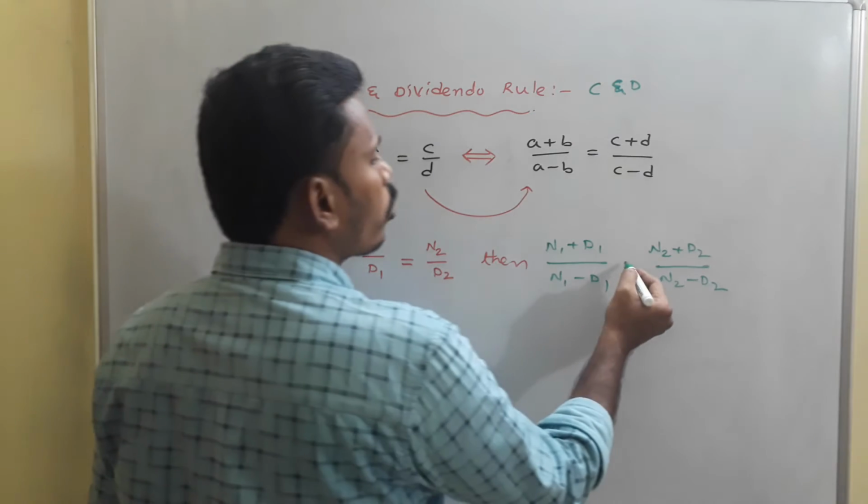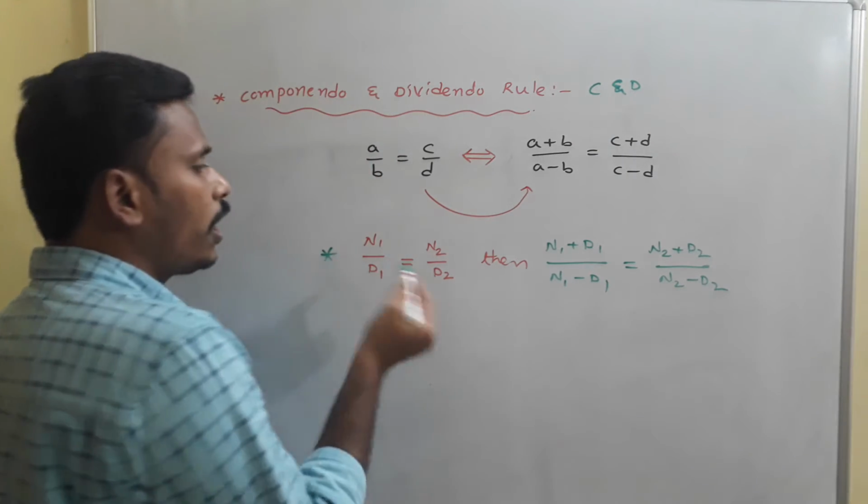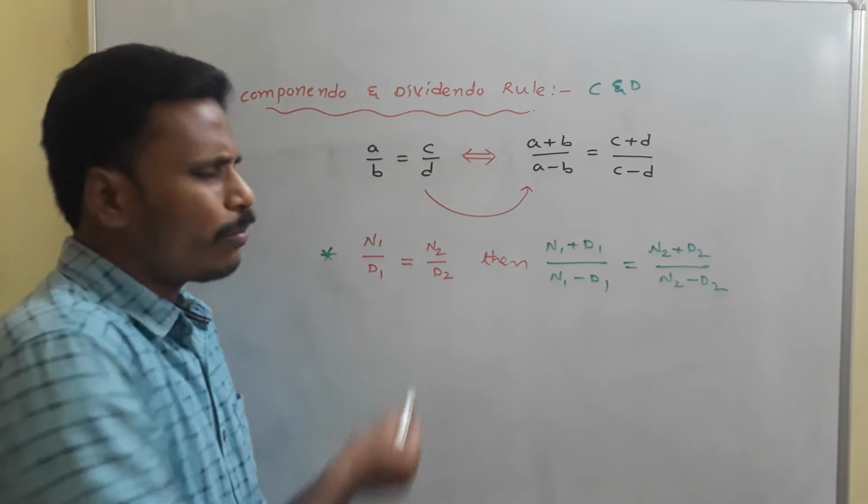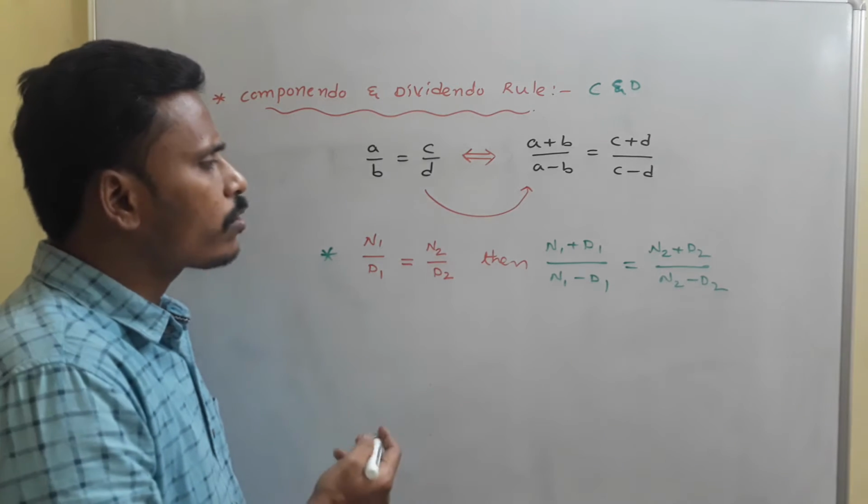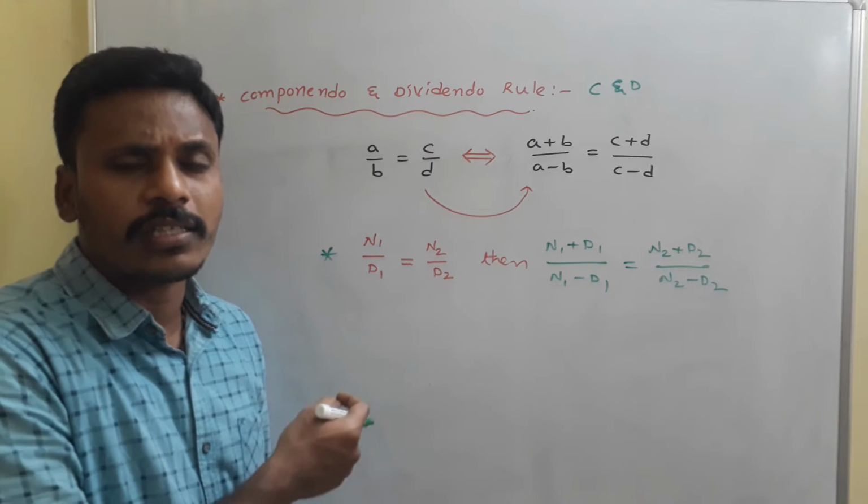These two also will become equal, and this is basically the componendo and dividendo rule. Okay, both are the same, right? And I will give you some simple problems related to this as a second point.